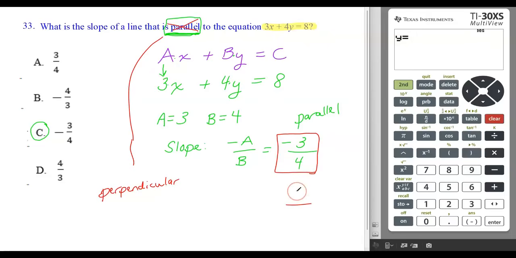You put the 4 on top, you put the 3 on the bottom, and then you take the opposite of it. So since the parallel slope is negative, the perpendicular would be positive, or 4/3. So you flip these, and then take the opposite of whatever your answer is here. So if this had said perpendicular, your answer actually would have been 4/3. It would have been D.